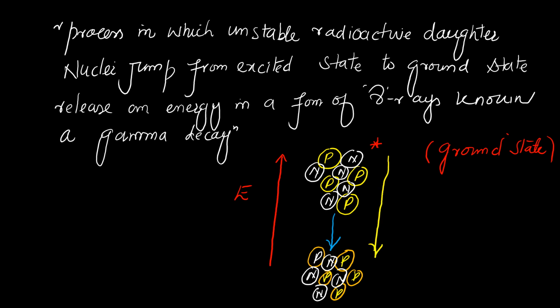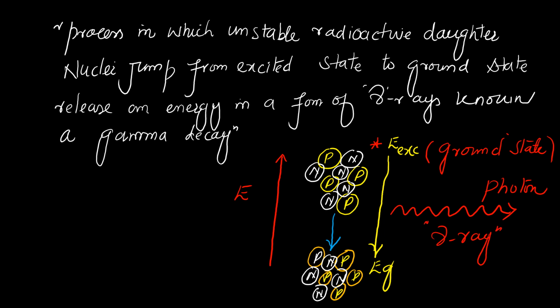The ground state is represented by E_g and the excited state by E_excited. When the nucleus jumps from the excited state to the ground state, it releases highly energetic photons, and these photons are known as gamma rays.